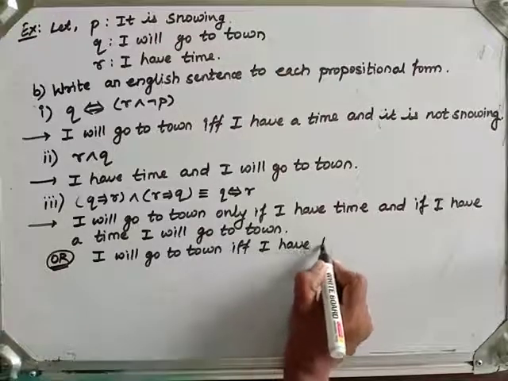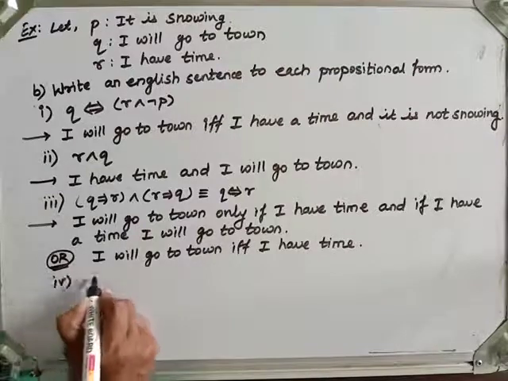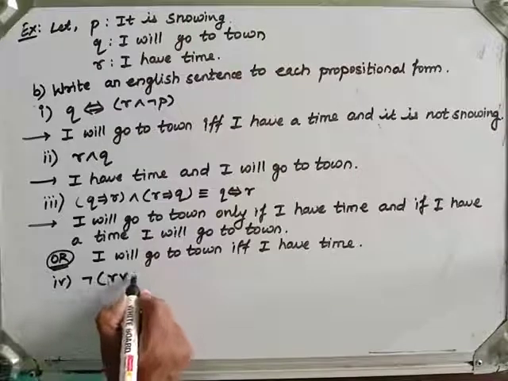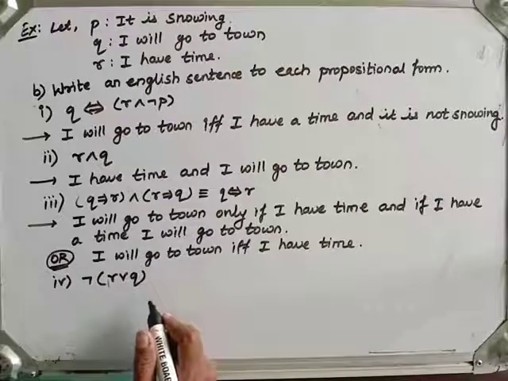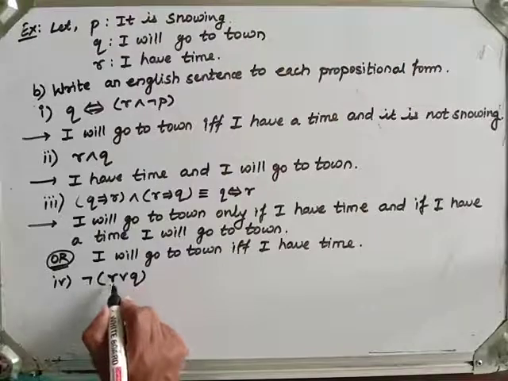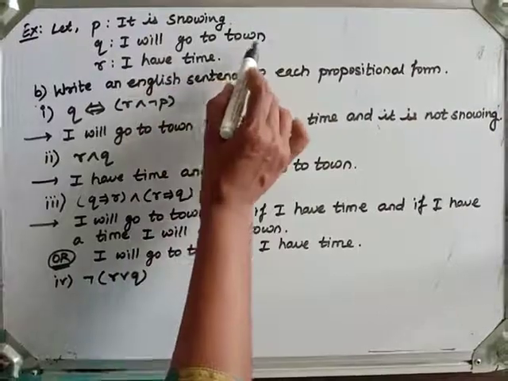I have time. Now the fourth one, negation of R or Q. First of all, let us see what is R or Q. R is I have a time, I will go to town.